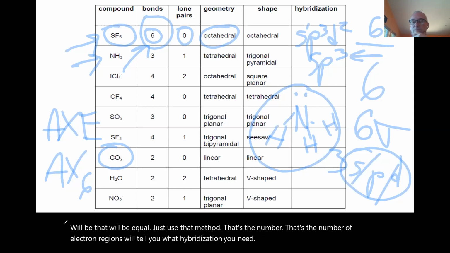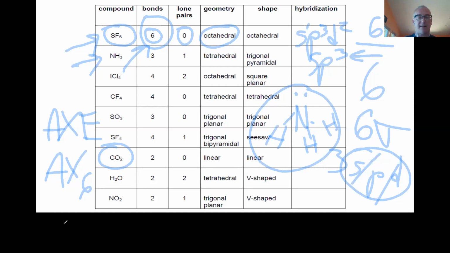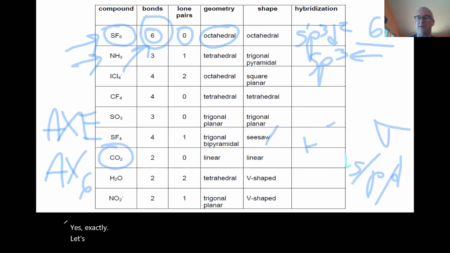Professor, I have a question. For SF4, would it be sp3d? Yes, exactly. Let's real quickly draw that to see what it would look like.